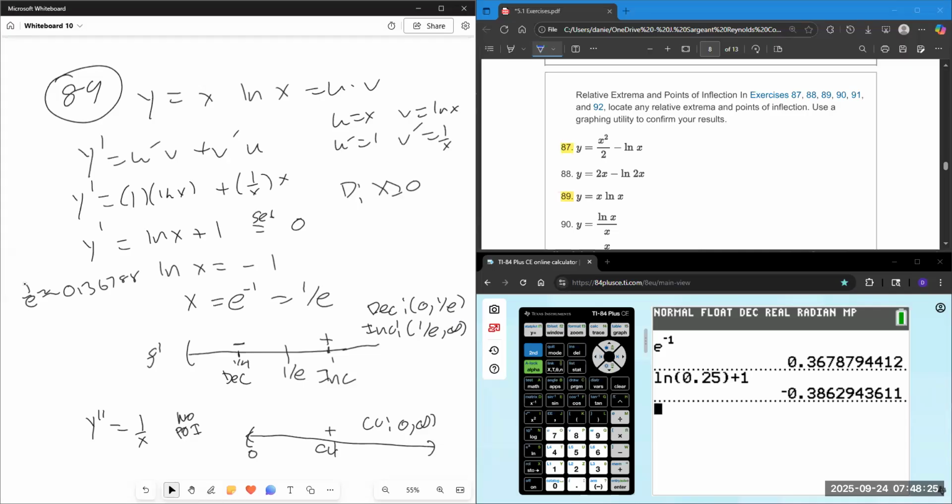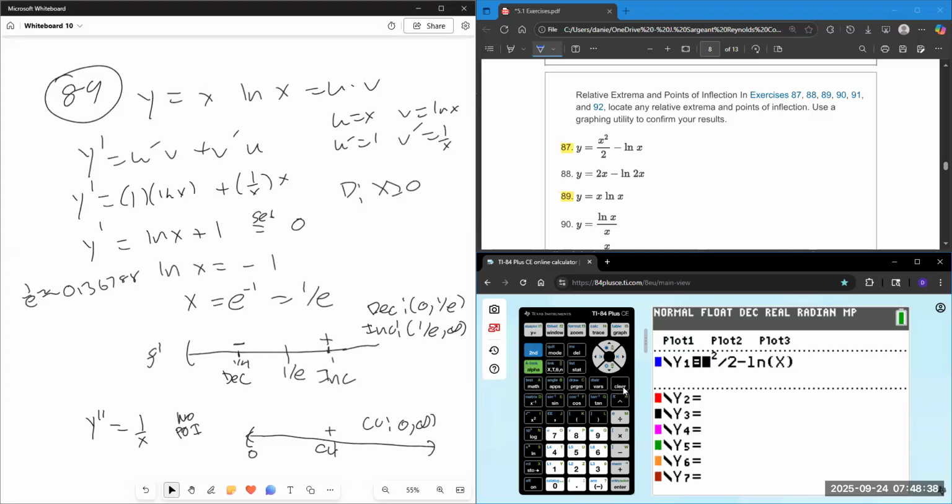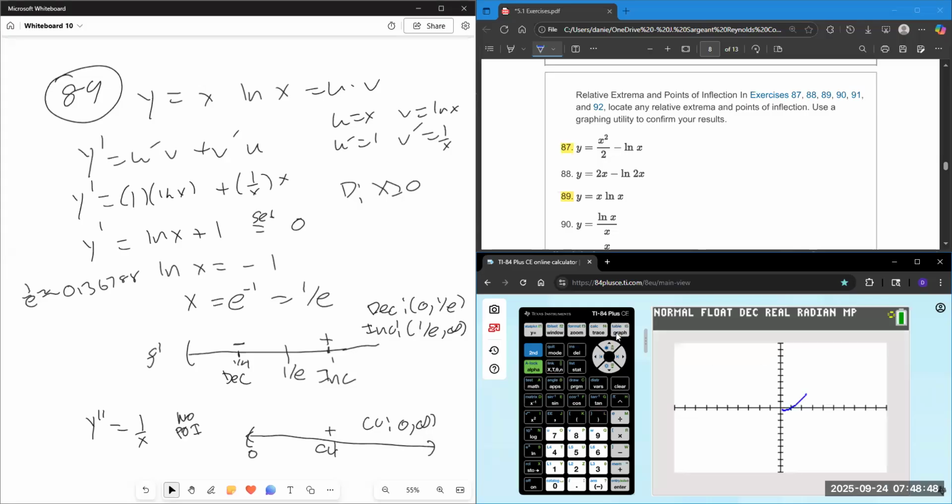Just when I look for that for anything coming up here with the calculator, since it's not going to show me an exact value with e. So y is equal to x times ln of x. And let's graph this. And there's a low point right there.